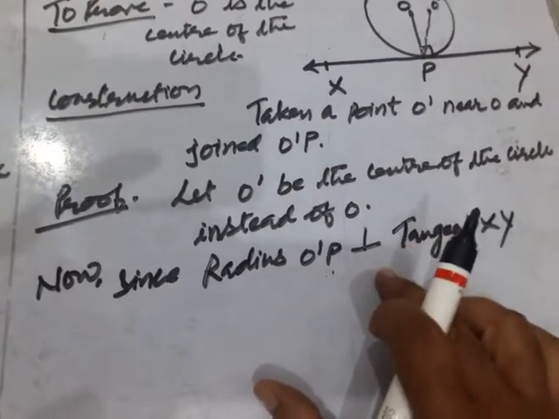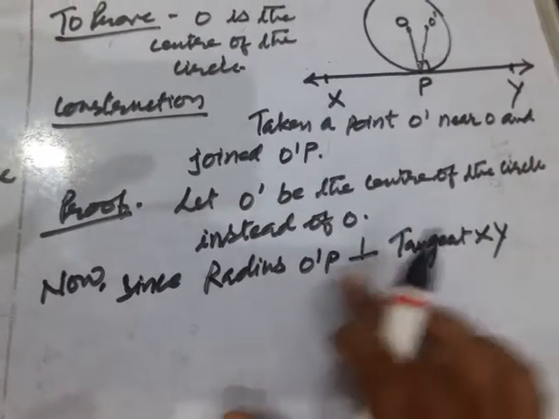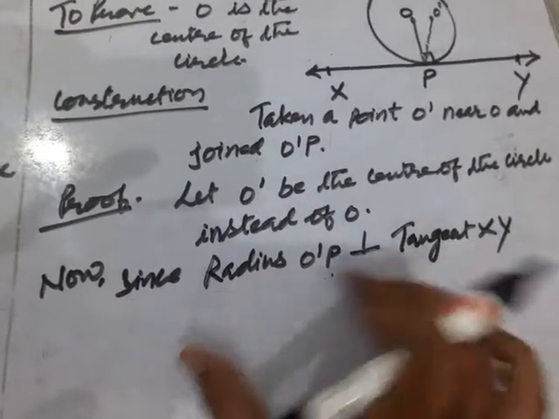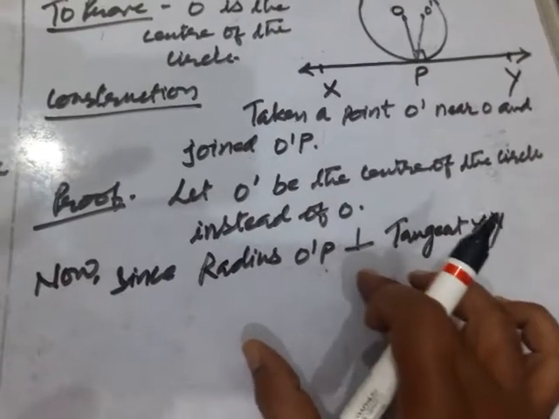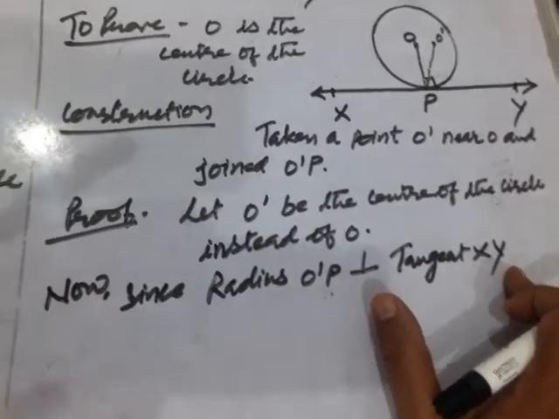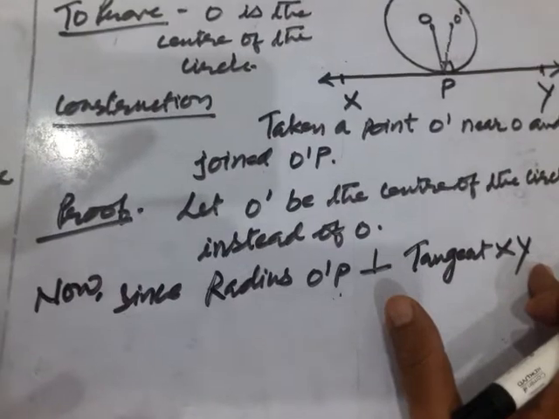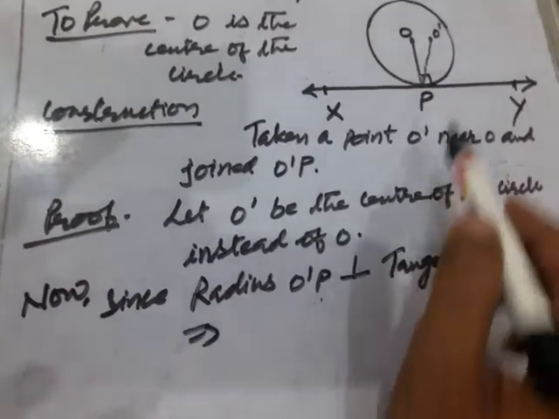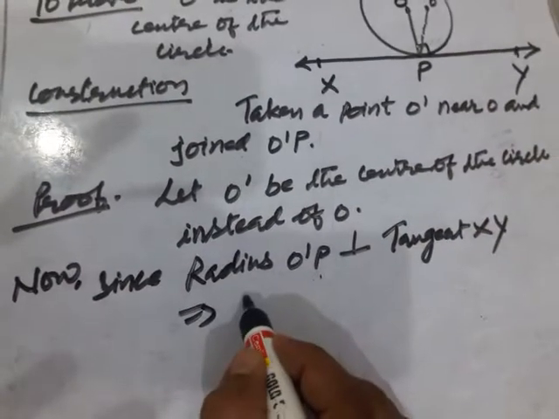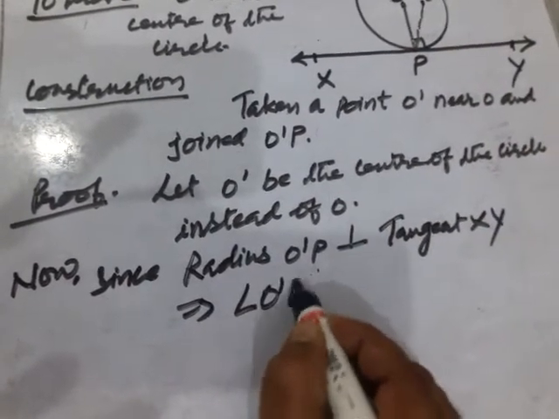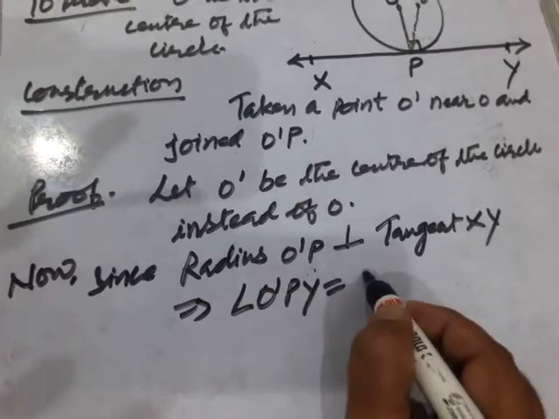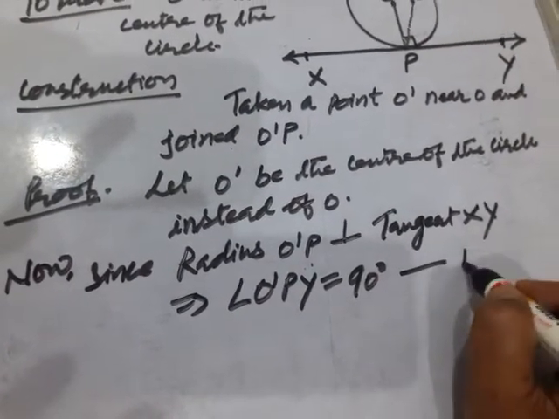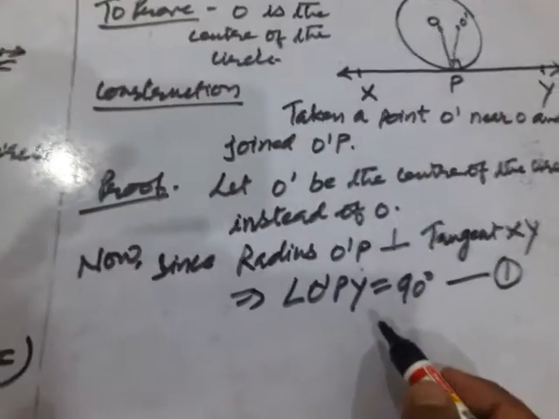This is theorem 10.1. Again I repeat, since it is a long statement, I wrote it in a nutshell: radius O dash P is perpendicular to tangent XY. What does it mean? It means that angle O dash PY equals 90 degrees. Okay children, this is equation number 1, right?